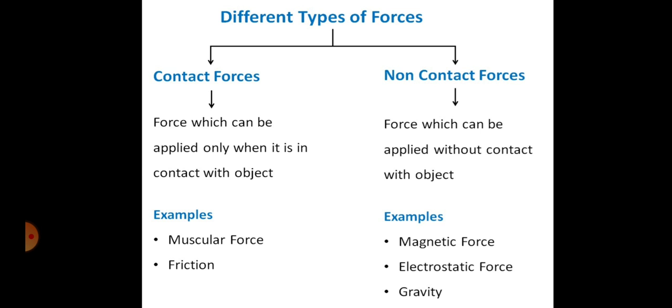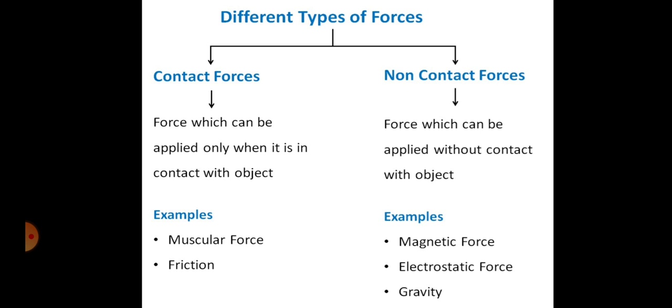Electrostatic force, the force between charged bodies. You see, in this case, two charged bodies near to each other but not in contact may be pulled towards each other or repelled away from each other. So, this is also a non-contact force. Force of gravity, the force with which the earth pulls us towards itself.